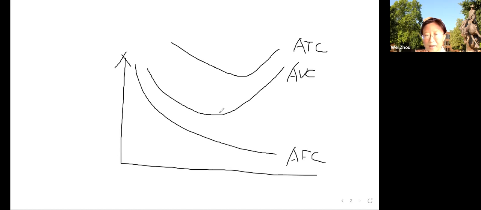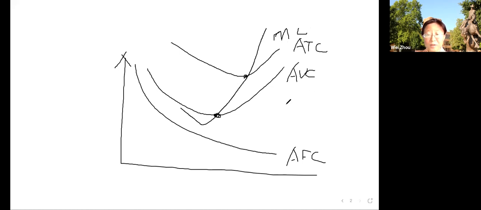Average variable reaches the minimum, but since average fixed cost is still going down, average total reaches the minimum a little bit later compared to average variable. And then marginal cost crosses both minimum points and is U-shape because if marginal cost is greater than average, average goes up. When marginal cost is less than average, average goes down. That works for both averages. So now you know how to draw this full graph.